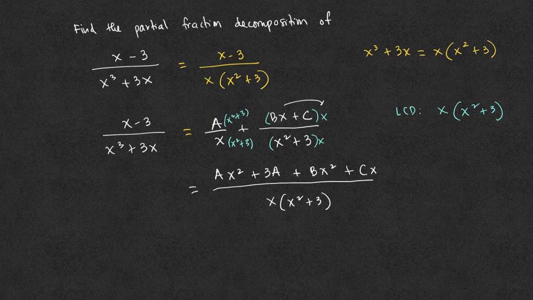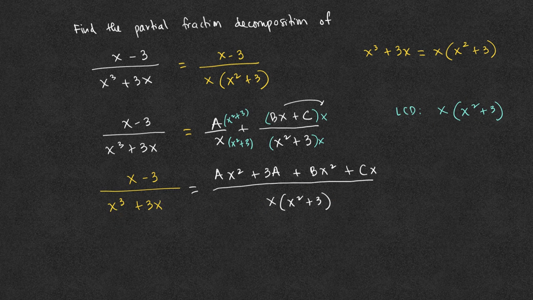And again, this needs to be the same as the given rational expression x minus 3 over x cubed plus 3x. For these two expressions to be equal, the denominators must be the same, and they are.